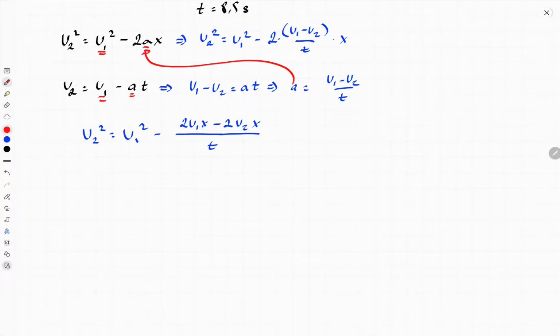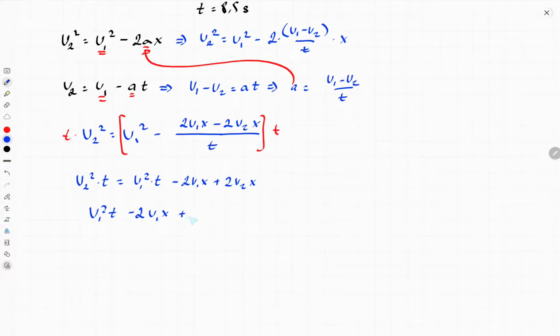So let's multiply both parts by t. v2 squared times time equals v1 squared times time minus 2v1x plus, negative it will be positive, 2v2x. Here we have one unknown, v1, it's just a matter of solving the quadratic equation. v1 squared time minus 2v1x plus 2v2x minus v2 squared time equals 0.